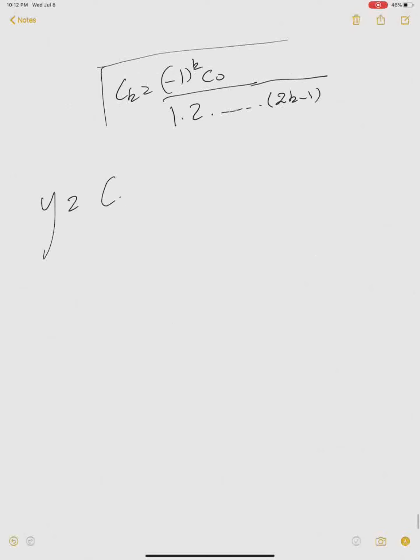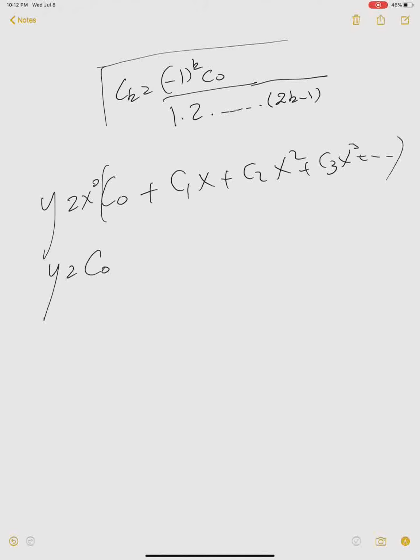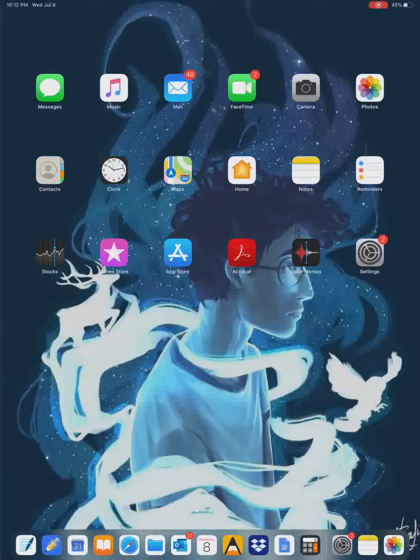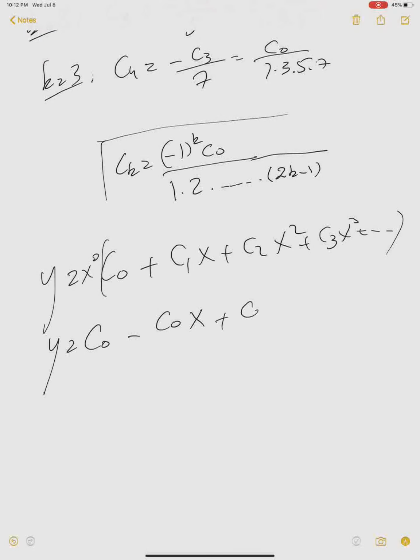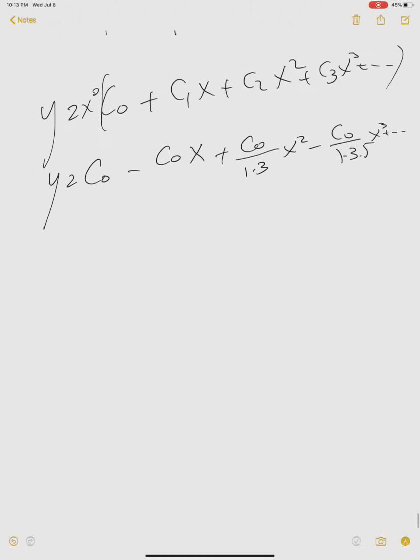Y equals c_0 plus c_1 x plus c_2 x squared plus c_3 x cubed plus so on. But my x is to the power 0, so this will be c_0 plus c_1, which is minus c_0 x, plus c_2, which is c_0 over 1 times 3 x squared, minus c_0 over 1 times 3 times 5 x cubed, plus so on.